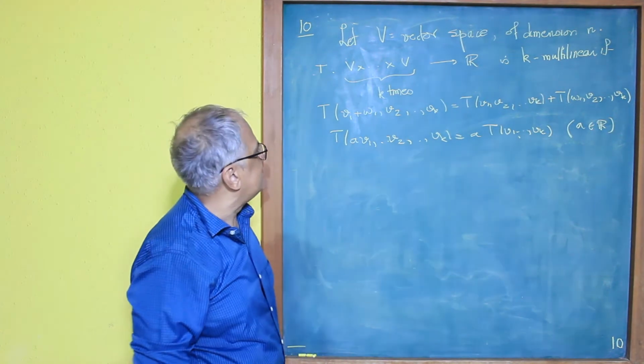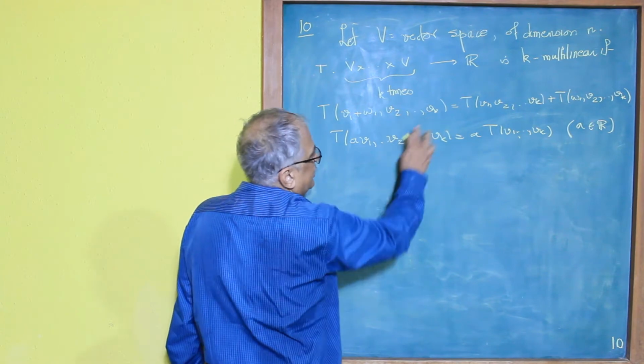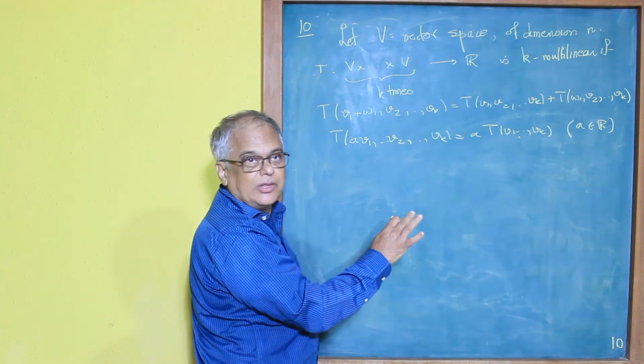So this statement says that T is linear in the first variable, V1, when all the other variables are fixed.